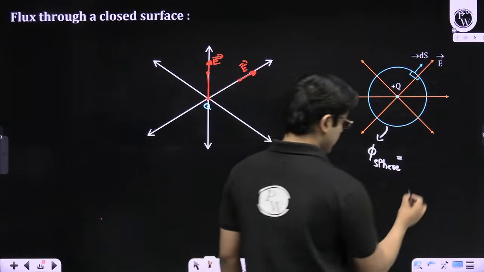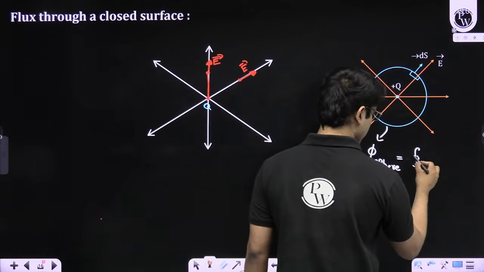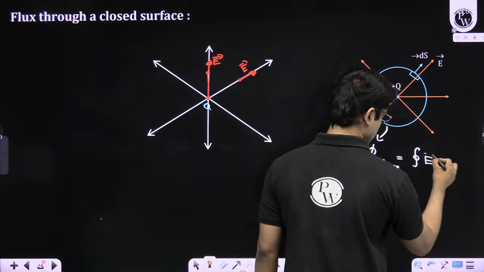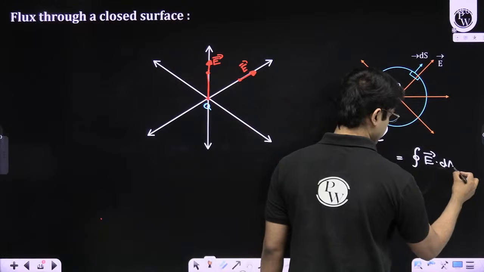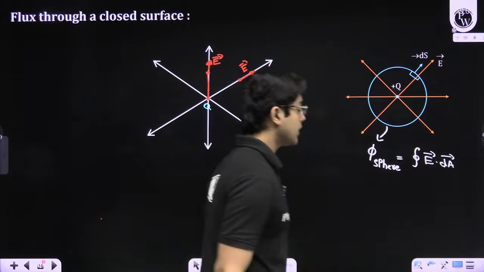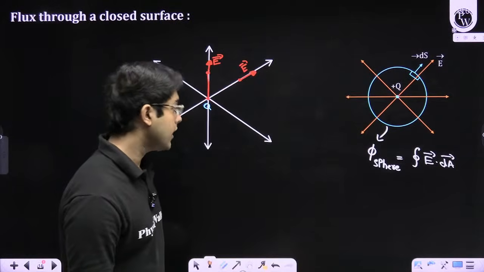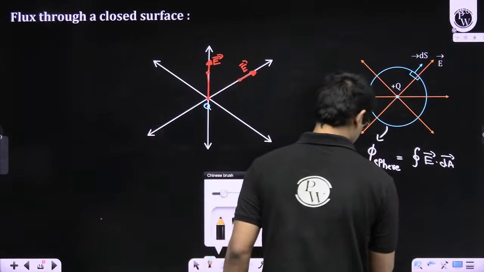So first we will write it down. The flux is equal to the integration of E dot dA. And here there is a nice thing.